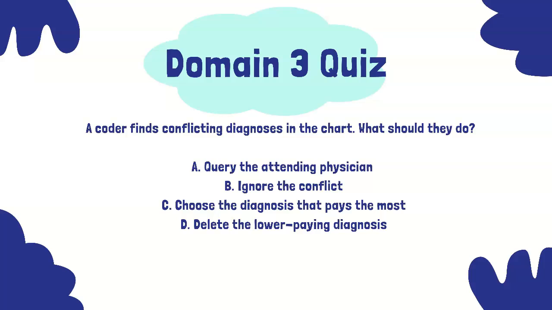All right, next question. A coder finds conflicting diagnoses in the chart. What should they do? Now, this particular one, the only answer choice that is compliant is to query the attending physician.